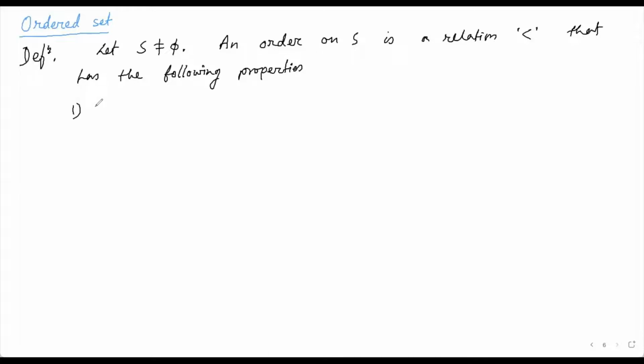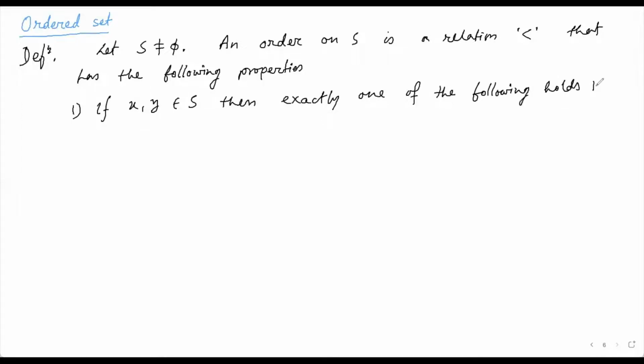The first property is if x comma y belongs to S, then exactly one of the following holds true. What are the following?